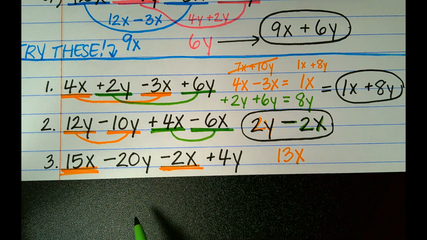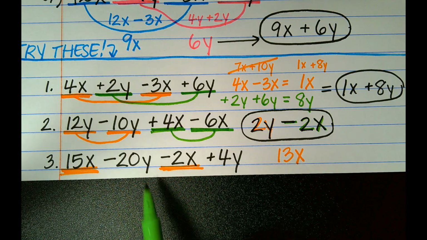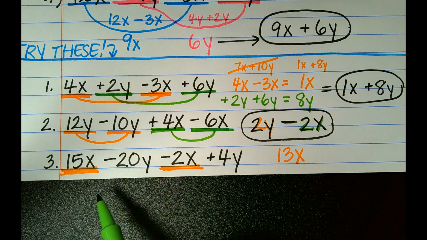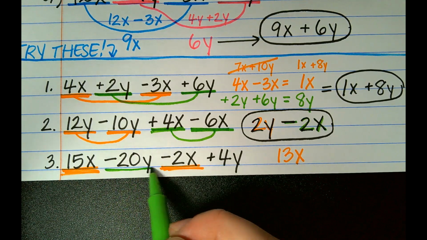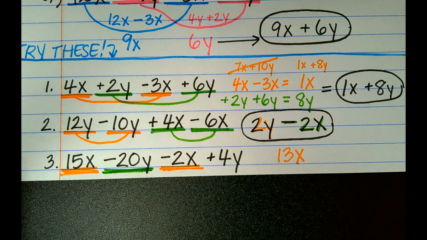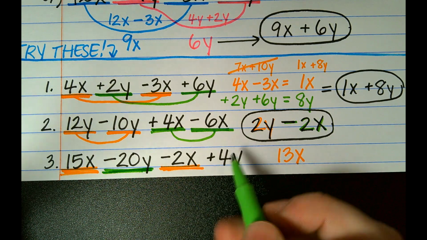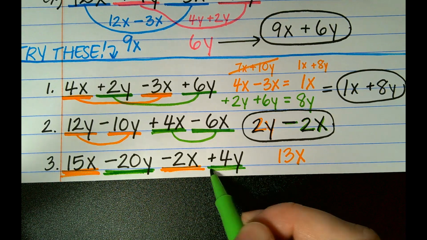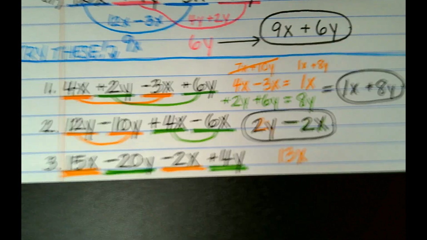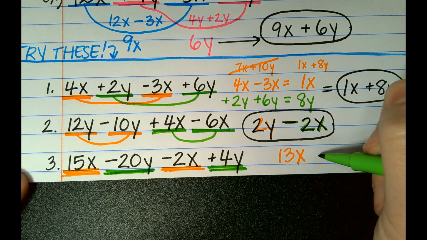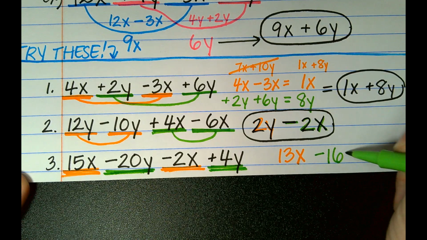It would be negative 20y plus 4y. It would be negative 16y. Yes. Perfect.